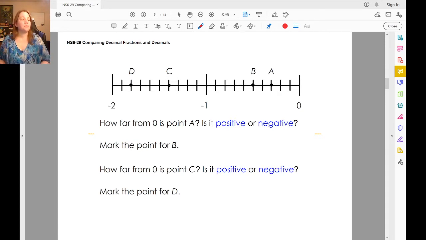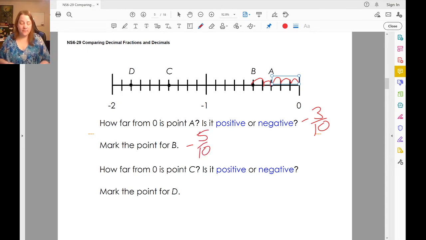So now we want to know how far from 0 is point A. Well, if we look at point A and we look at where 0 is, it's 1, 2, 3 tenths away in a negative direction. So we call that negative 3 tenths. The point for B, after the 3, we have 2 more, so that's negative 5 tenths.